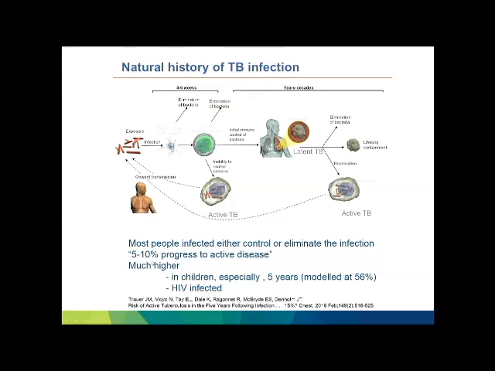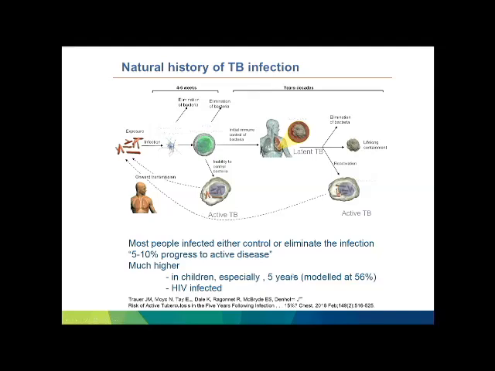And where do these 5 to 10% figures come from? It's very hazy when you try and get some good data on that. Colleagues in Victoria actually looked at some of their contact tracing data and suggested that, in fact, perhaps the risk of developing active TB after infection was higher, at perhaps 15%.